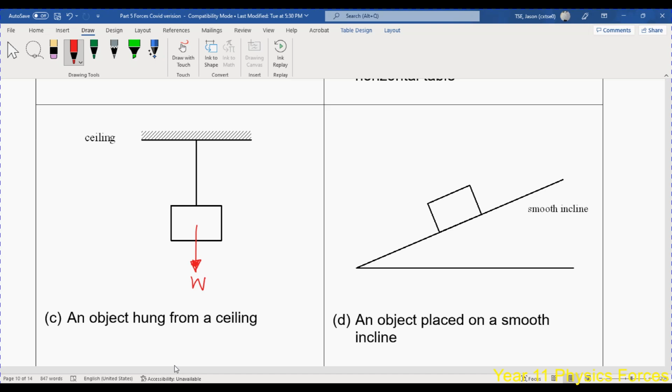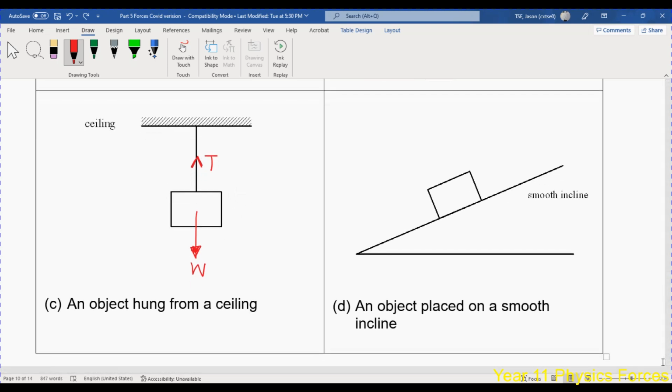No. But there's a stretched string, under pulling, so there is a tension here. Normally you can draw two tensions, but the other one is not necessary because that tension is on the ceiling. You don't need to draw that because for a free body diagram, it's always about the body you choose.